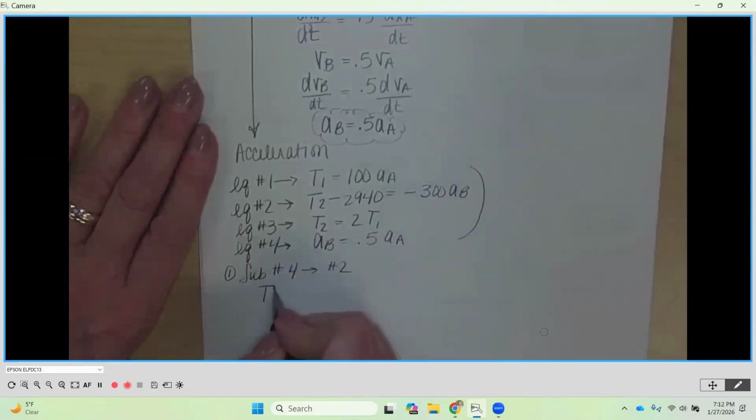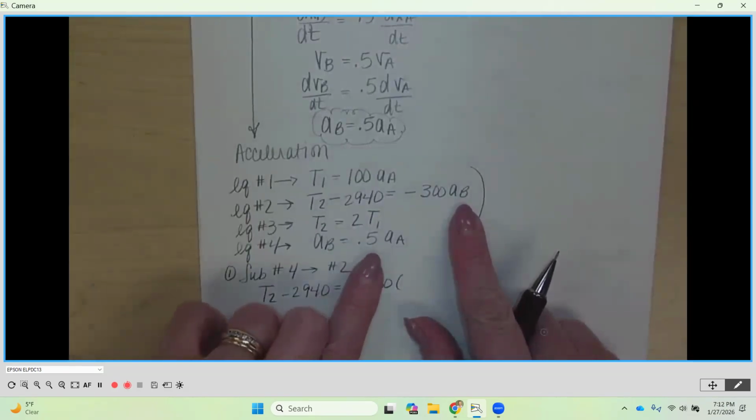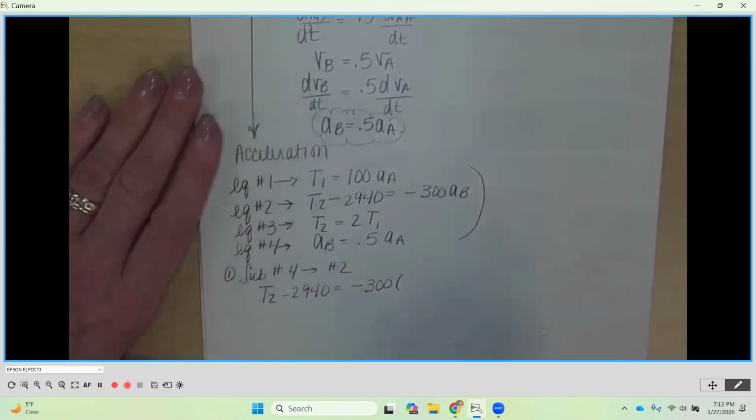So number 2 is T2 minus 2940 is equal to negative 300, and instead of AB, I'm going to put times 0.5 acceleration of A.